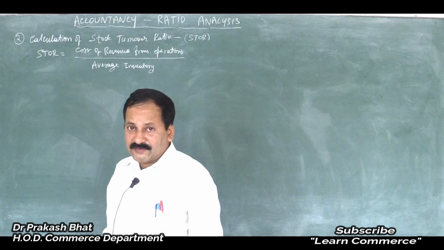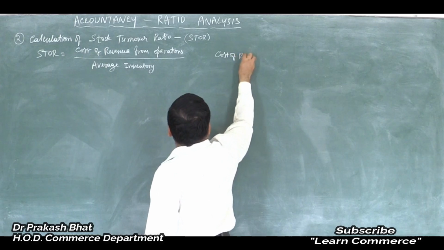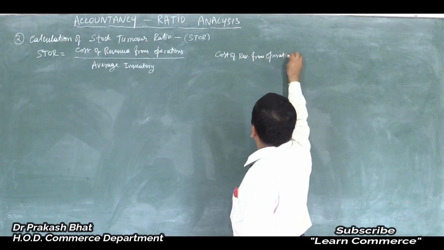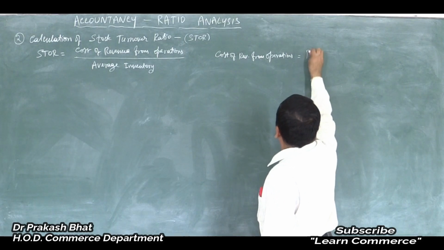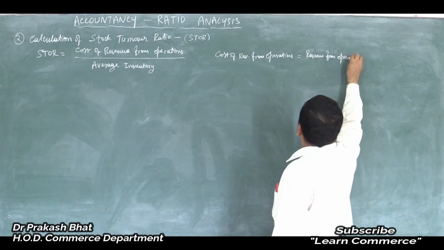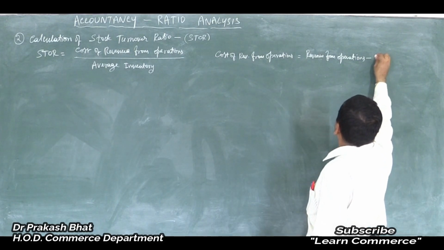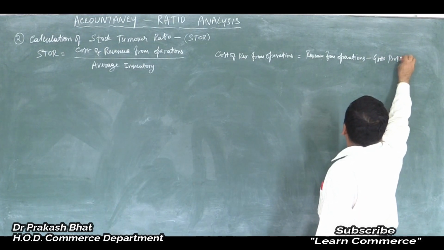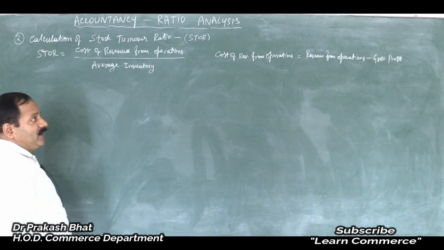Right here, cost of revenue from operations is equal to sales or revenue from operations minus gross profit. Cost of revenue from operations divided by average inventory.